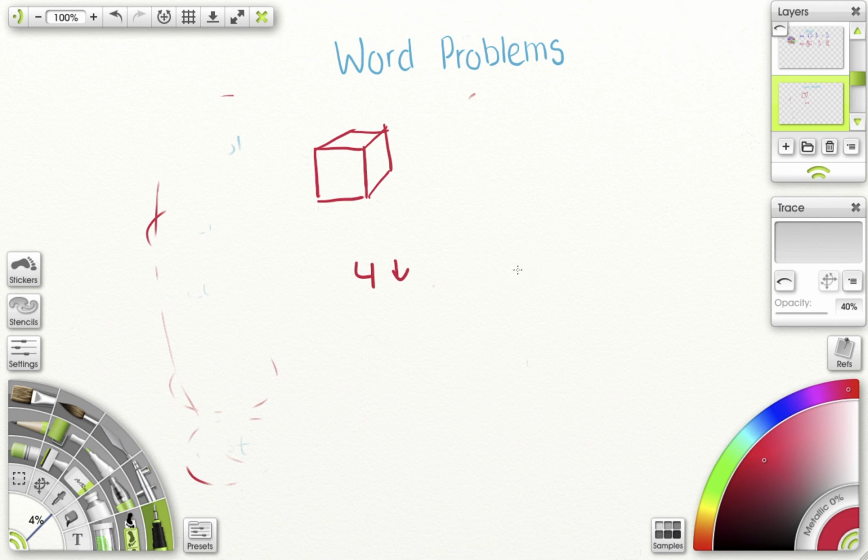And if he lands on anything above 4, which means it's 5 or 6, they win a point.